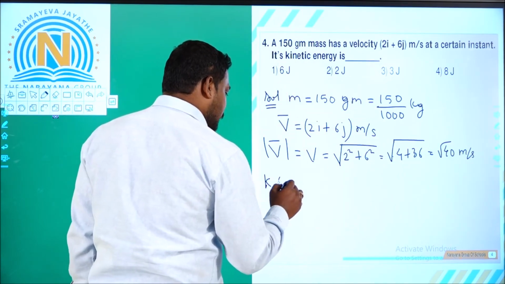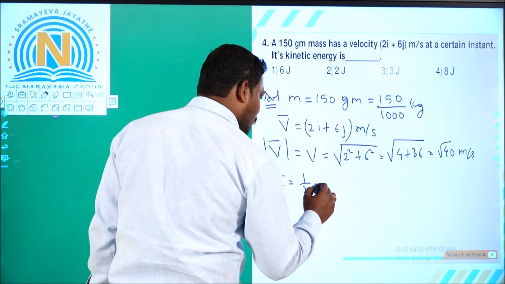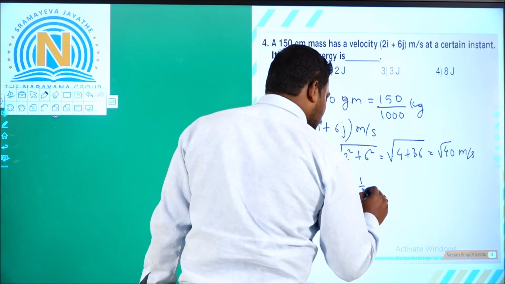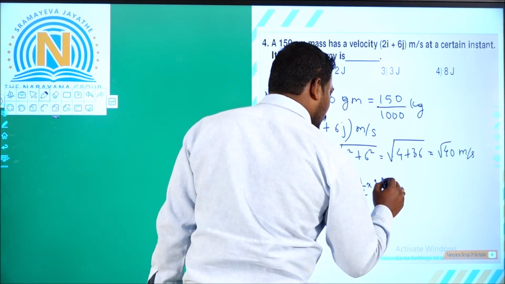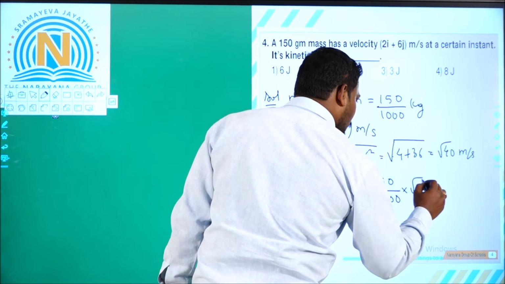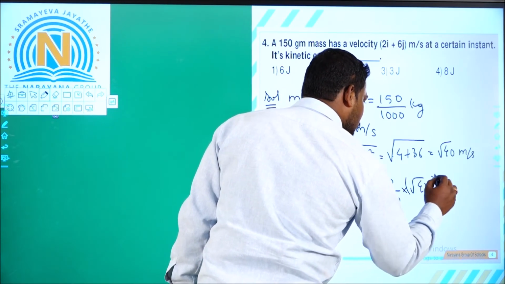And the kinetic energy is equal to half m v square, that is half into 150 by 1000 into root 40 square.